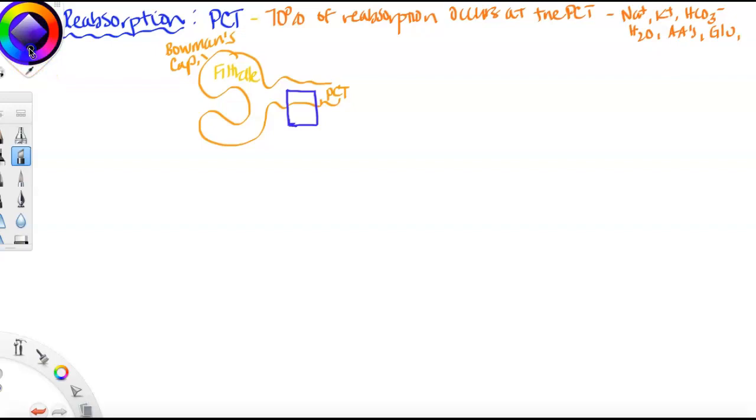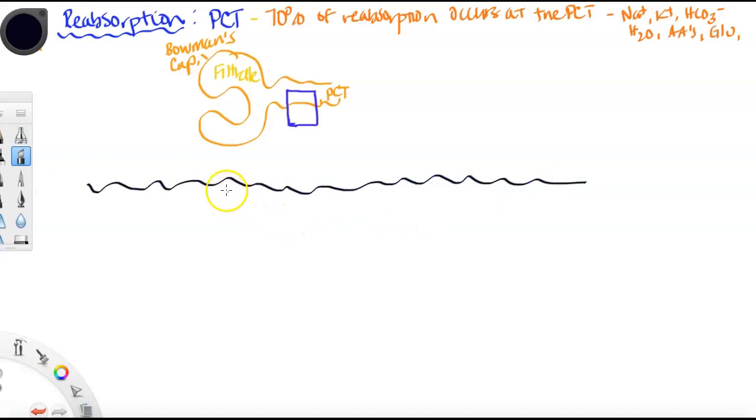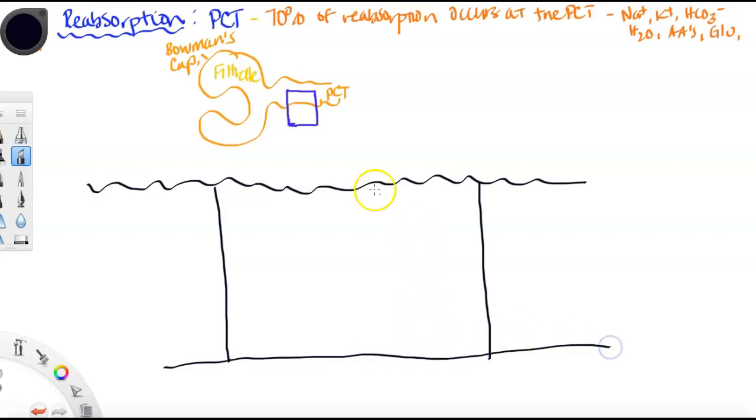All right, so if we make our little cell, here's our little tubule cell. Keep in mind up here is the lumen. So this is where the filtrate is.